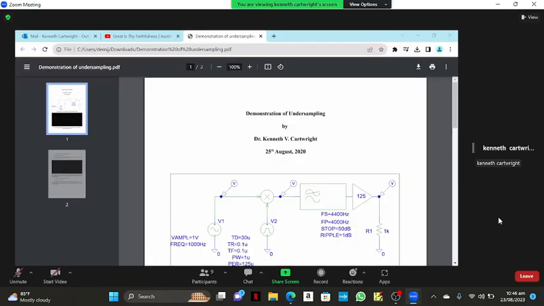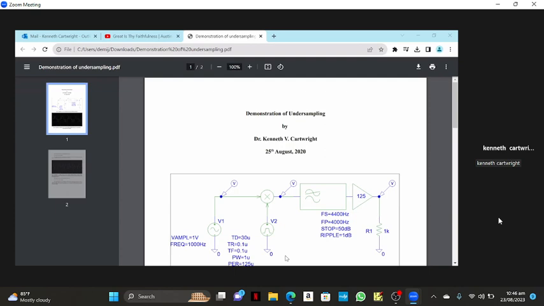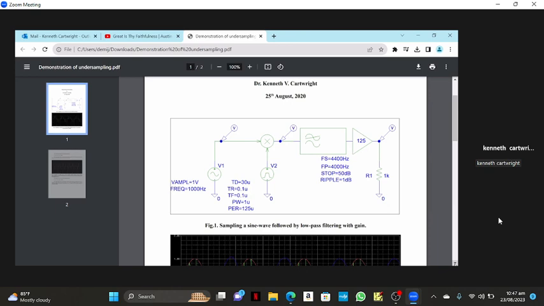Okay, can you see my screen? Yes, sir. All right. Demonstration of undersampling. Let me show you what we got here.